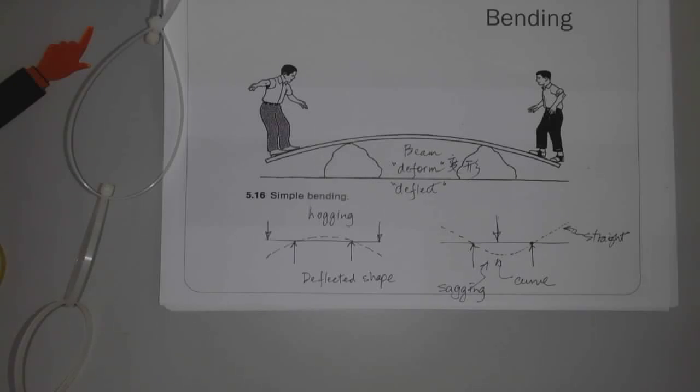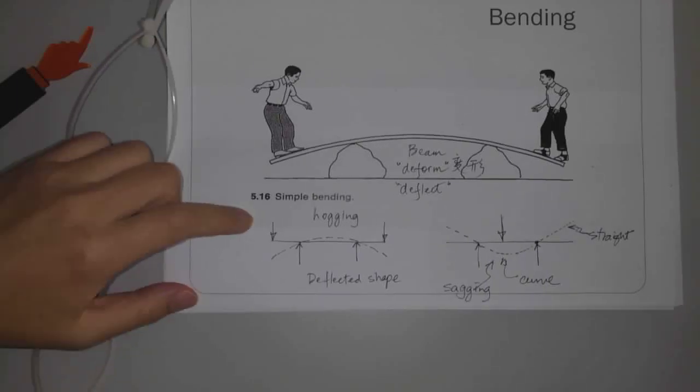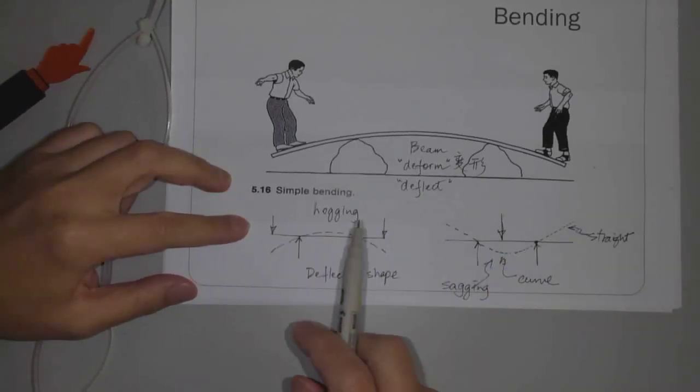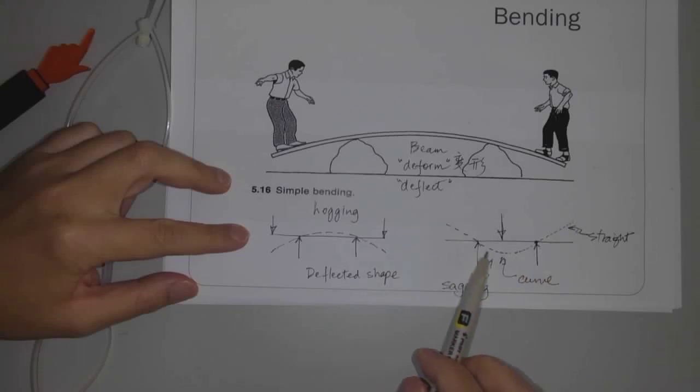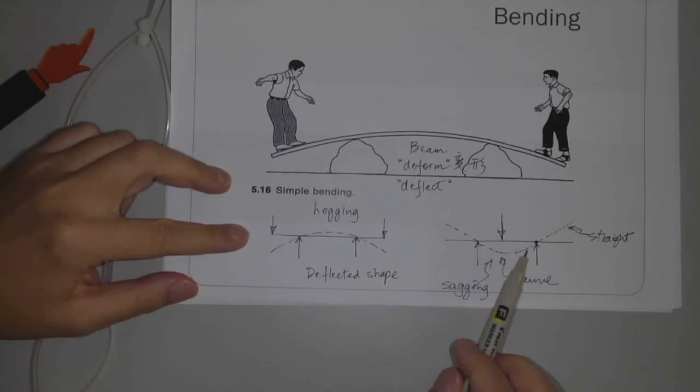Right, so these are the terms that we are going to use today and also in the remaining weeks. So when a beam bends, it can bend like hogging. It can bend like sagging. This is sagging. Sagging describes this part.